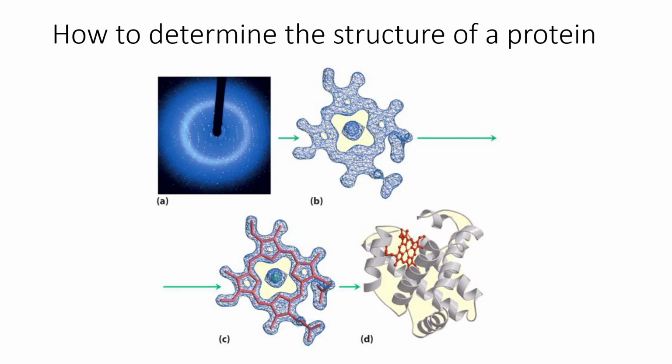Then you shoot X-rays at it, okay? And what happens is the X-rays go in where you've got atoms. So here's an atom, here's an atom, here's an atom. Where there aren't atoms, there's a hole, and the X-rays go through and diffract, like a diffraction grating. Do you guys know what CDs are?